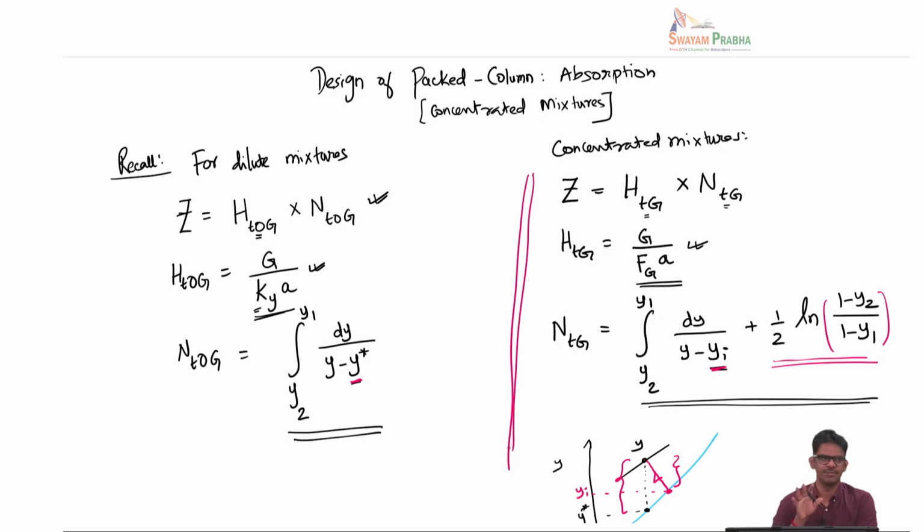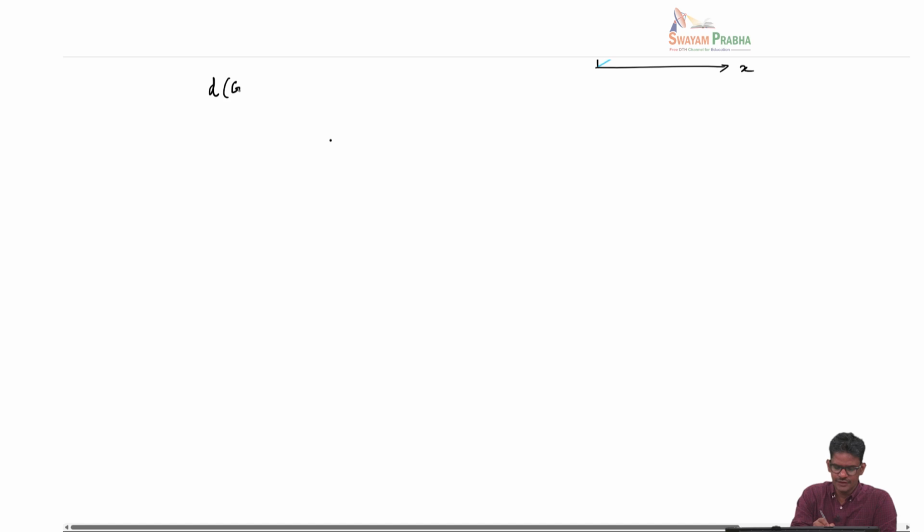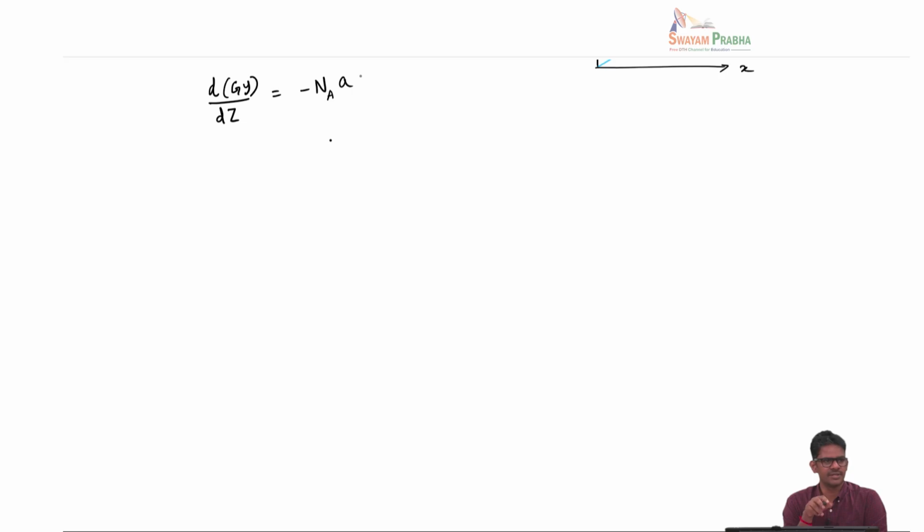for concentrated mixtures. Okay. So, the starting point for us is writing the shell balance over a small thin shell of the column. We had shown before that the differential d(Gy)/dz is equal to minus NA a. Okay. You can see that we derived this equation based on the shell balance for the absorption column. Okay.